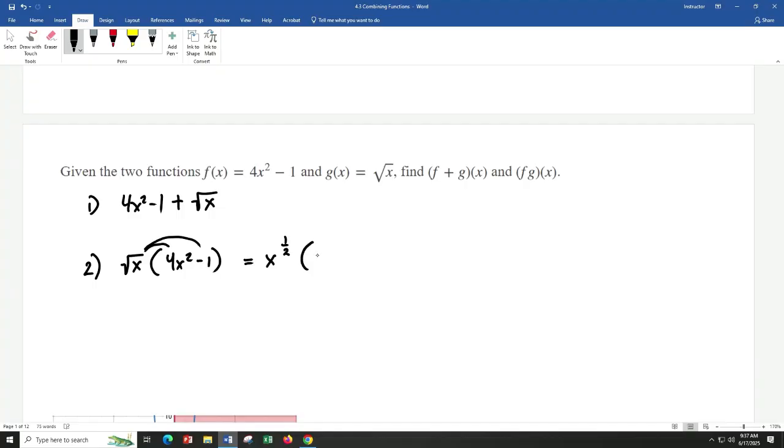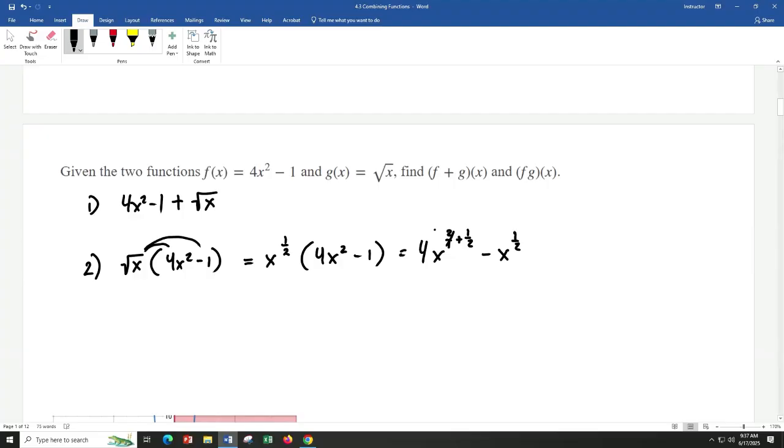And then over here, you're seeing 4x squared minus 1. And now I have something I can multiply, right? Because now I can turn this into, hey, how about 4x to the 2 plus 1/2, because same base, add the powers, right? Minus x to the 1/2.